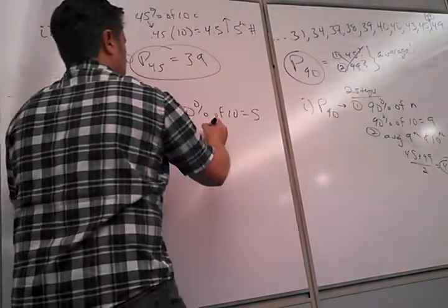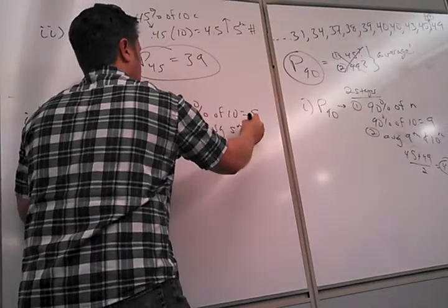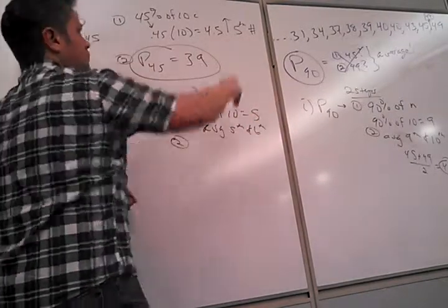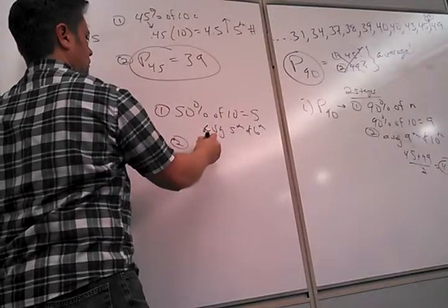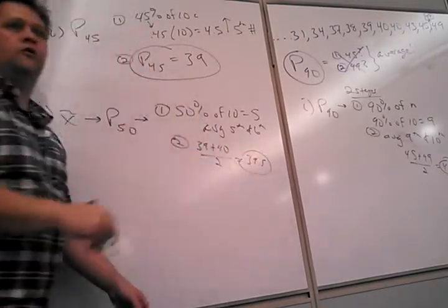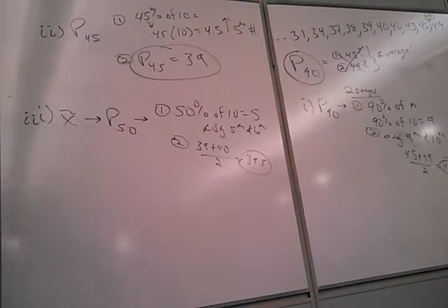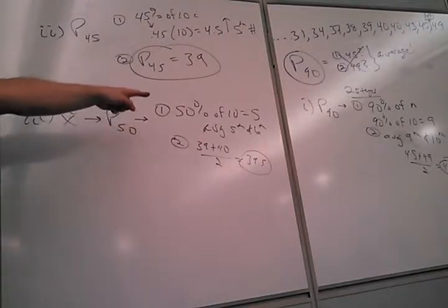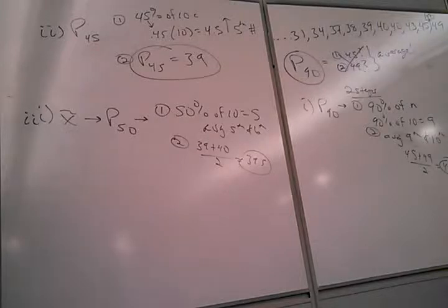Average, 5 plus 5. 5th and 6th. So the 5th and 6th are 39 and 40. 39.5. So of course, if I have 10 numbers, I have to average these 2 to get the middle number. Are you with me? We know that. In P50, if I do the work, it matches up. It has to match up.